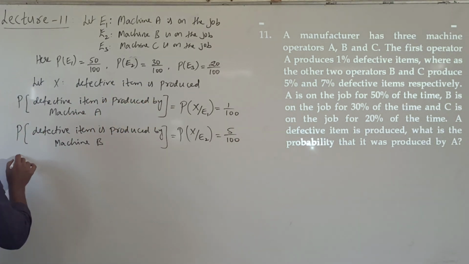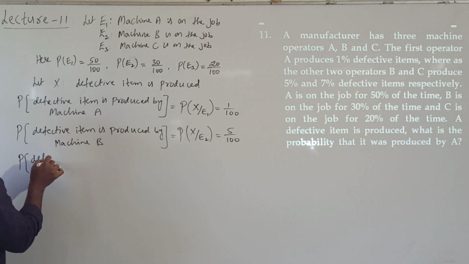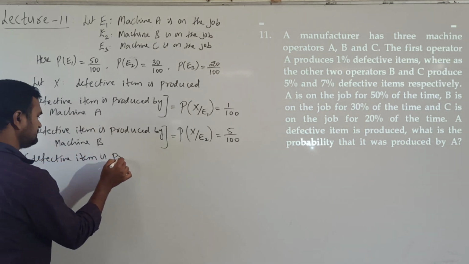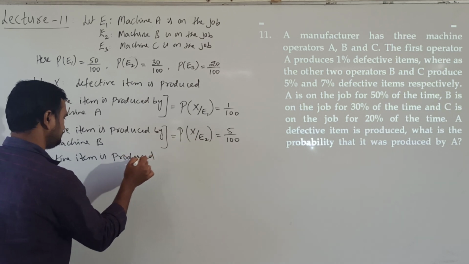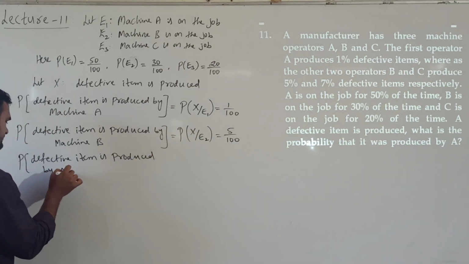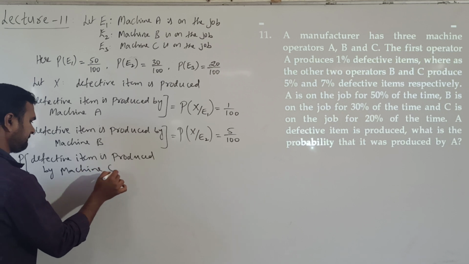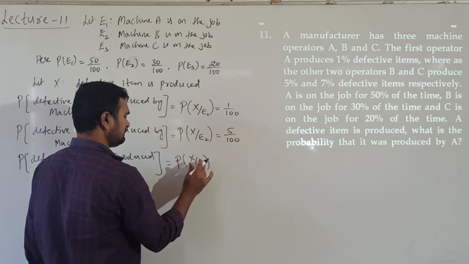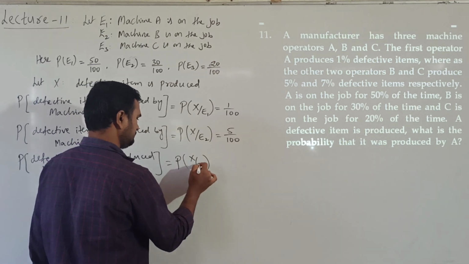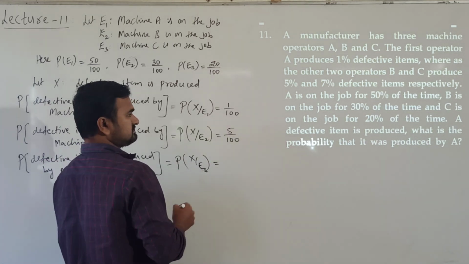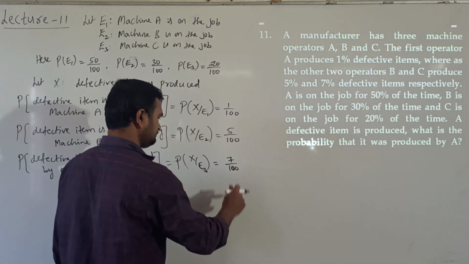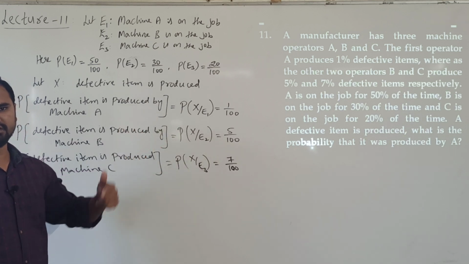Next, the probability of a defective item being produced by machine C. Notation P of X given E3. 7% are defective, so 7 by 100. So these are the notations.